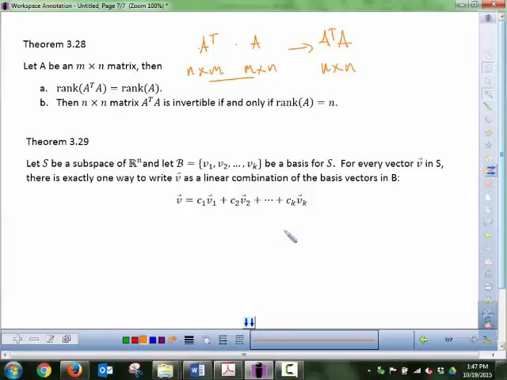So in this case, we say that there's a unique way of writing it. I think this is an important theorem that we'll come back to when we start studying change of bases and making your basis nice and neat for us. So we'll come back to that later.